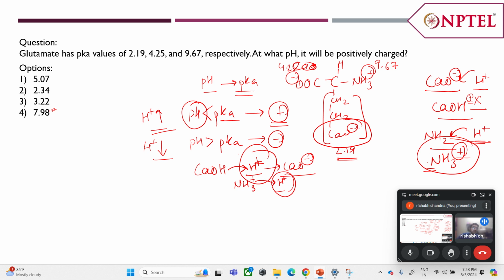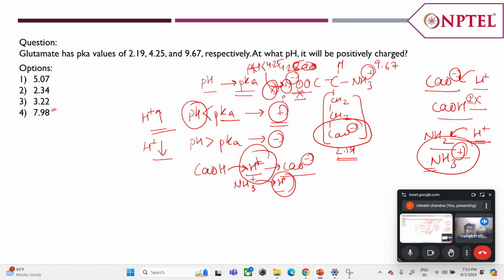Okay. So now considering the case of glutamic acid, because it has 3 pKa values. At pH less than 4.25, it would be positively charged. Sorry, it would have no charge. Okay, at pH less than 4.25, this would have no charge.